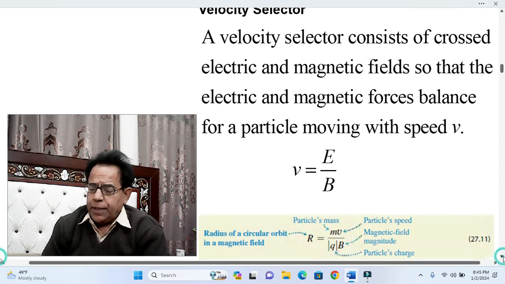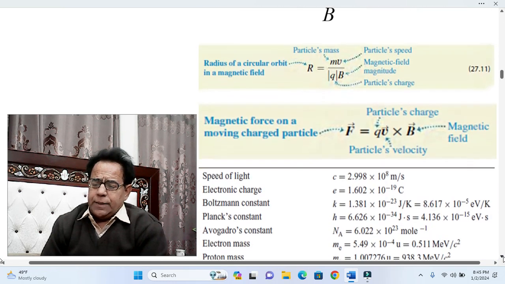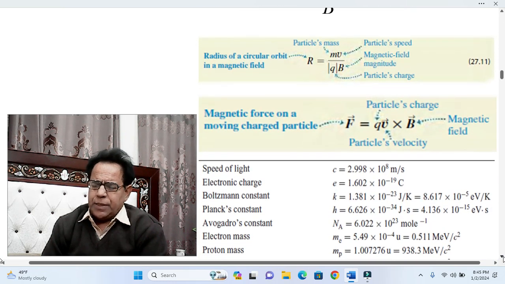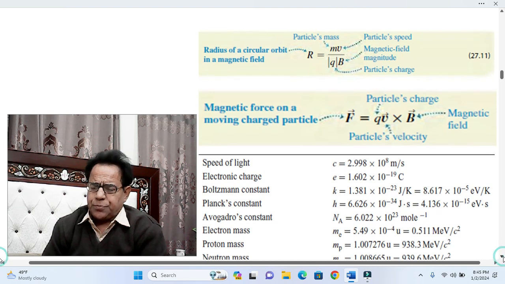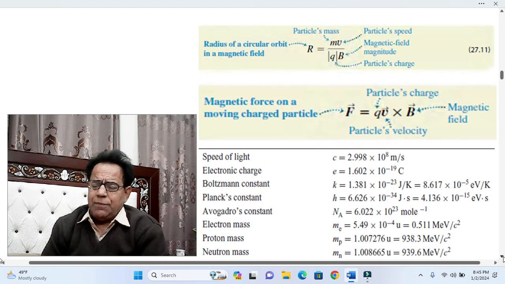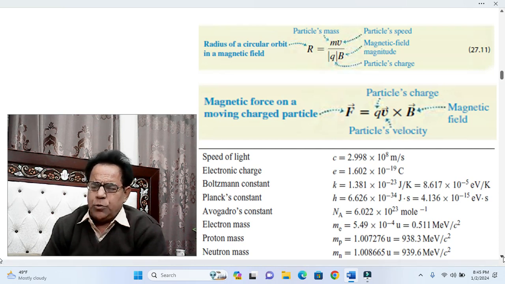The next snapshot is almost similar to the above, but taken from a different book, hopefully University Physics by Young and Freedman.